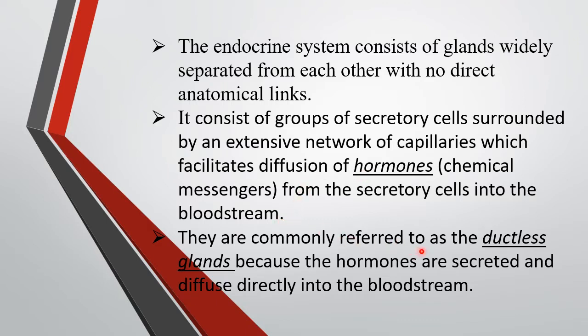So these glands are referred to as ductless glands. That means there are no ducts present. No? So once the hormone is being secreted, it directly enters the bloodstream. No, it does not flow into any ducts anymore. That's why the endocrine glands are also called your ductless glands.